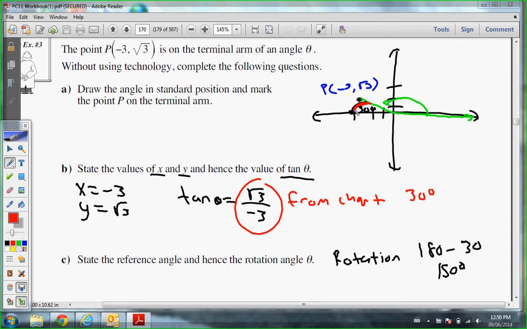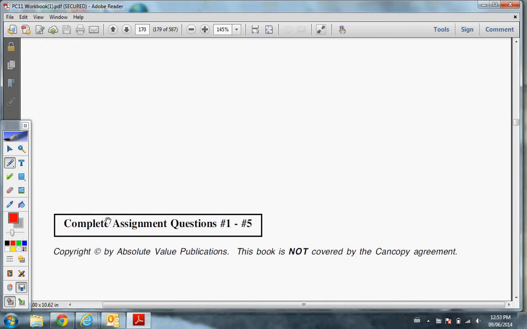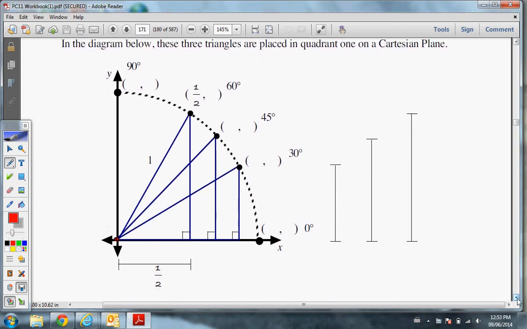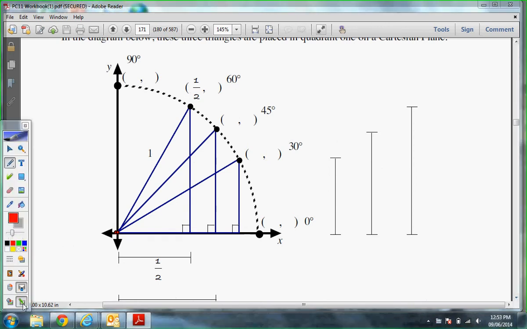All right, now let's get into the actual building blocks of the unit circle here. I'm going to fill this out right here. All right, so let's fill out the easy ones first. We know that this is 1, 0, this is 0, 1.